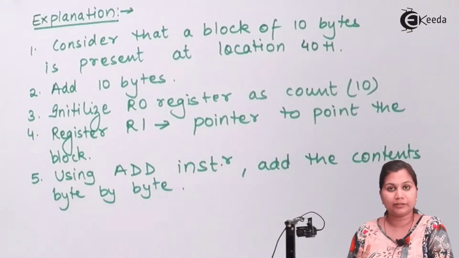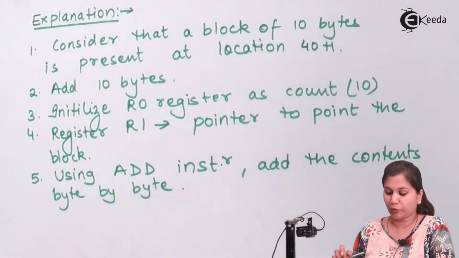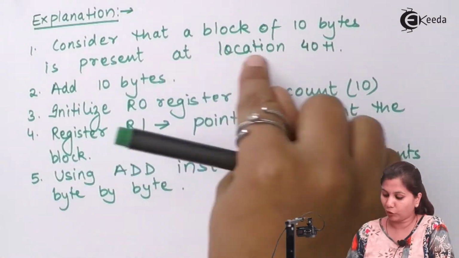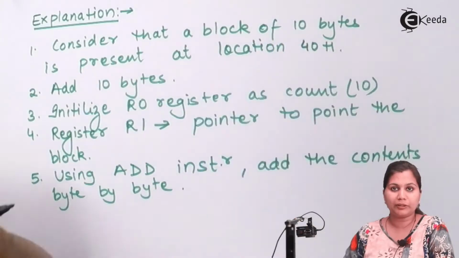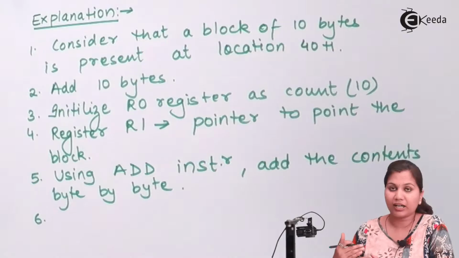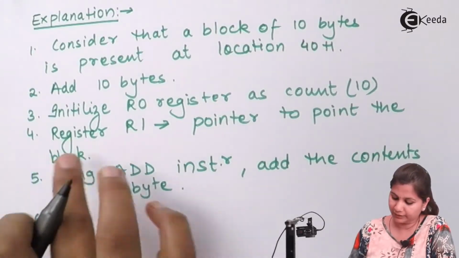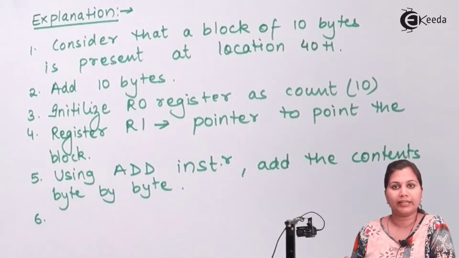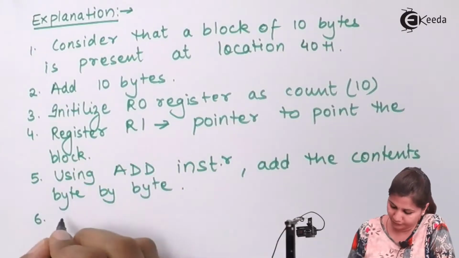Now we have added the two numbers. First, R1 is pointing towards the block, that is 40H. So that number will be added to the next element. So next, how are we adding the numbers? We are going to increment this register R1 again and again.